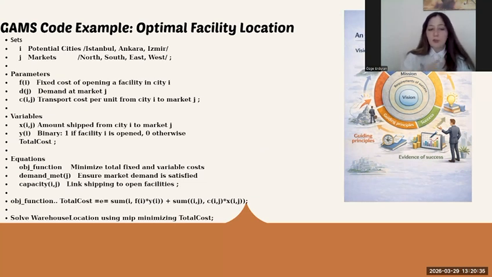The program uses binary variables to decide exactly which facility should be open to meet demand at absolute minimum total cost. This turns a complex management decision into precise mathematical proof. You can see how important using GAMS is.